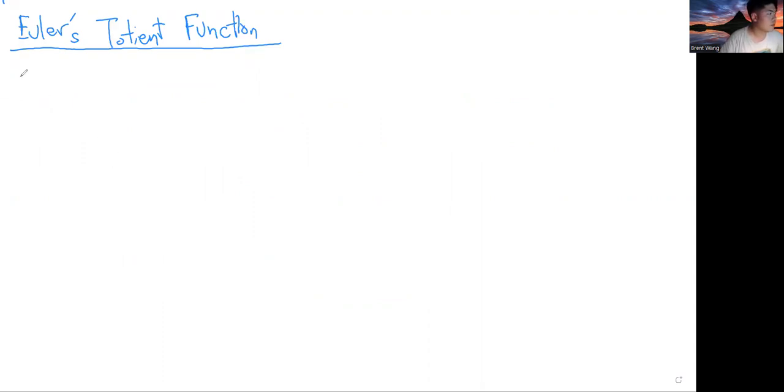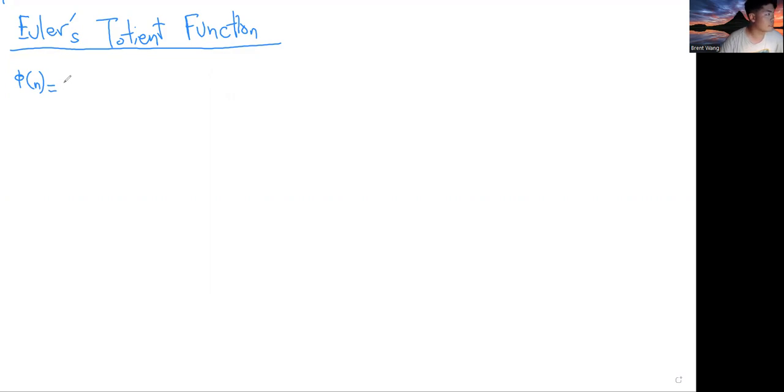Right. So there's actually a very nice formula to find how many numbers between 1 and n are relatively prime to n. That's phi of n, and I'll give you two formulas.